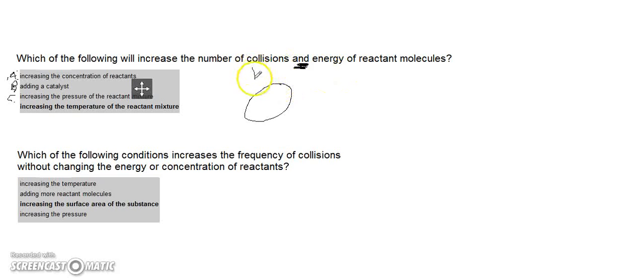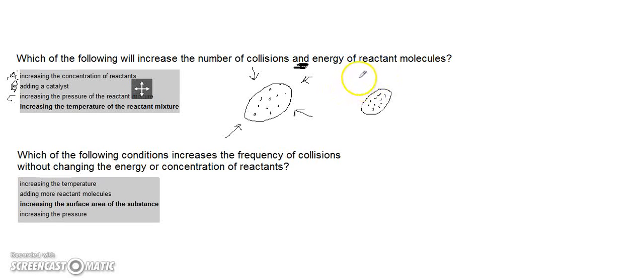And then we increase the pressure outside the balloon, pushing in on it, and so the balloon gets smaller. And if we had 1, 2, 3, 4, 5, 6, 7, 8, 9, 10, we still have 10 molecules. They're just a lot closer together in a smaller volume. And so we have increased the concentration and we've increased the number of collisions.